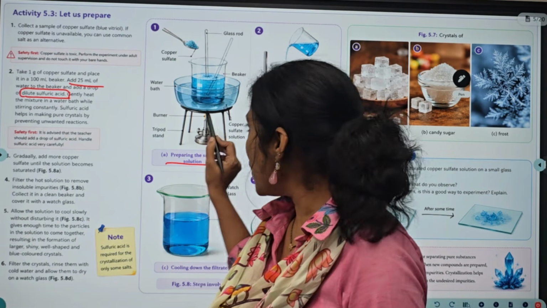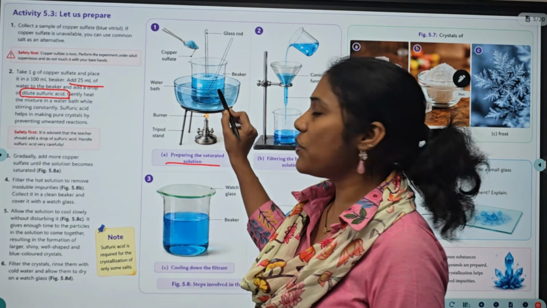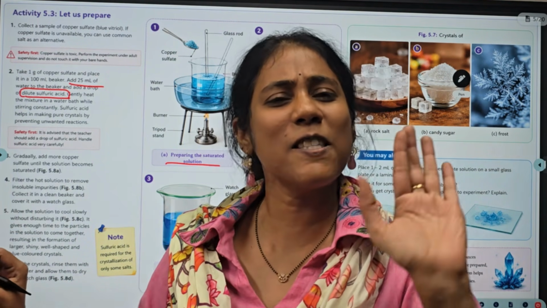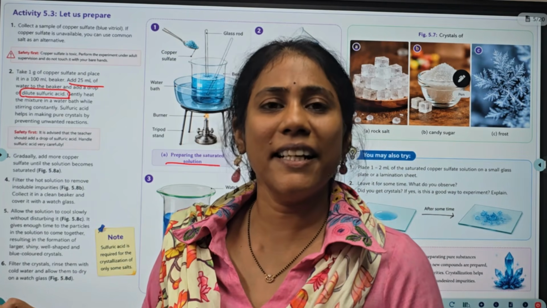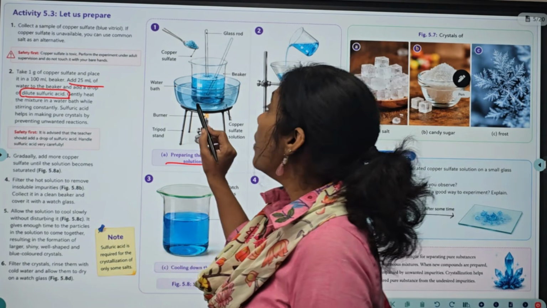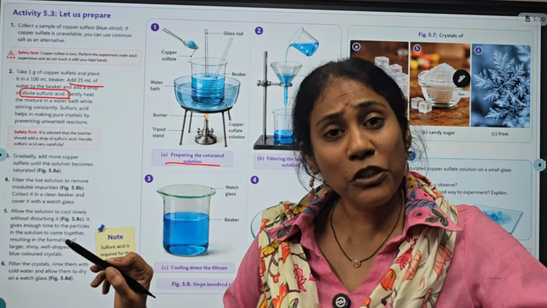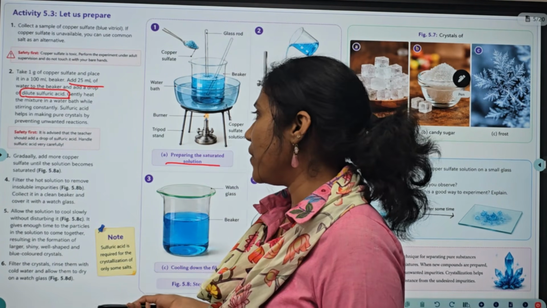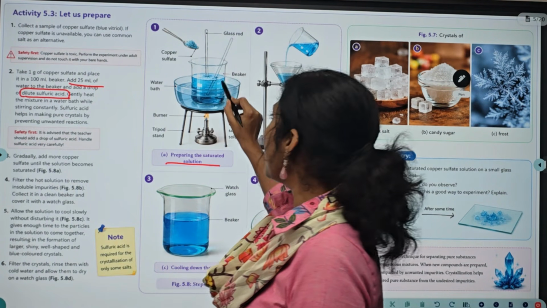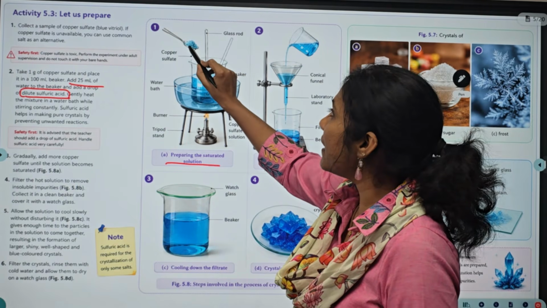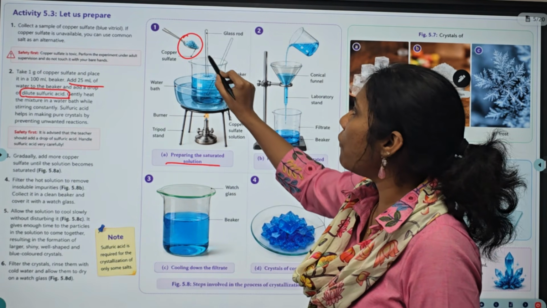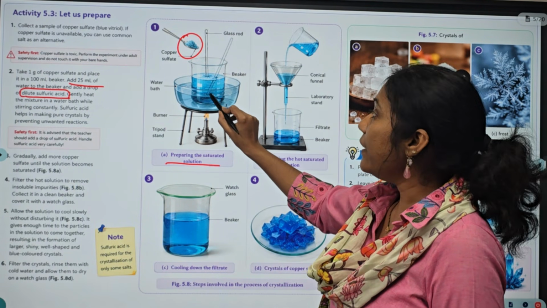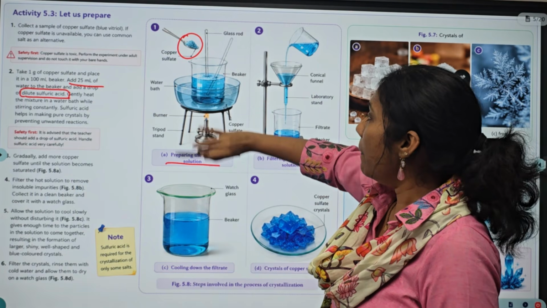The dissolved solid must reappear as pure crystals. That is the intention, guys. So, to avoid side reactions, we add dilute sulfuric acid, and we nicely mix a pretty extra amount of copper sulfate into this water by heating.